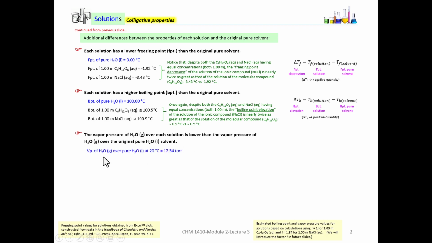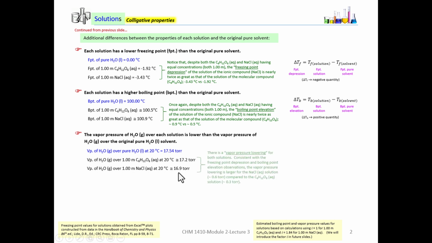The vapor pressure of water vapor over pure liquid water at 20 degrees is 17.54 torr. The vapor pressure of water vapor over the solution of glucose is 17.2 approximately, and that of water over the sodium chloride is about 16.9.